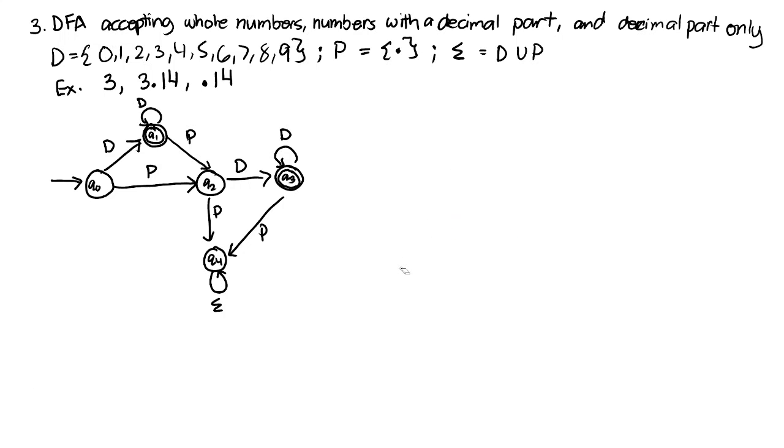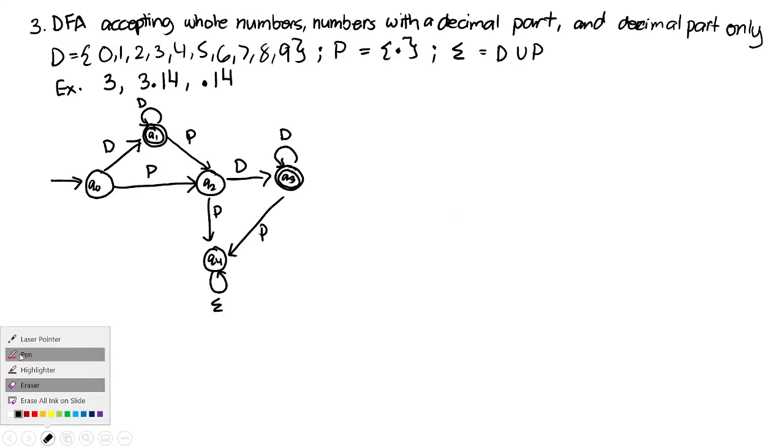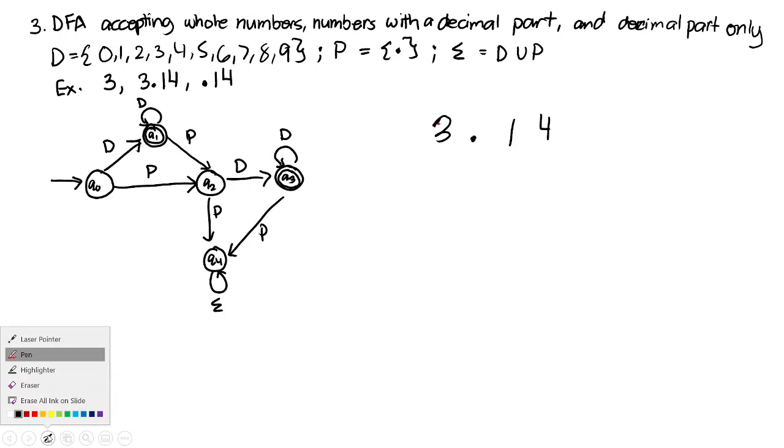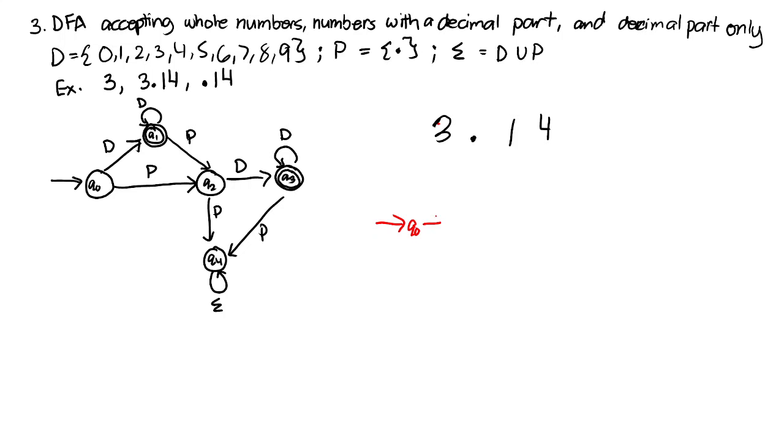Next, let's try 3.14. So again, start in Q0. Then read the first character, which is 3. 3 is a digit, so we transition to Q1.